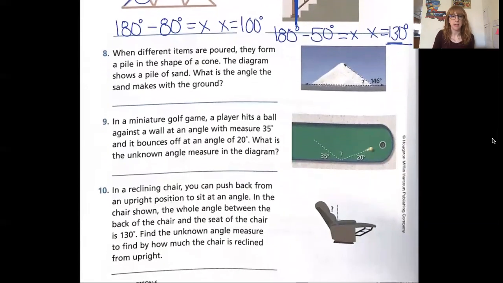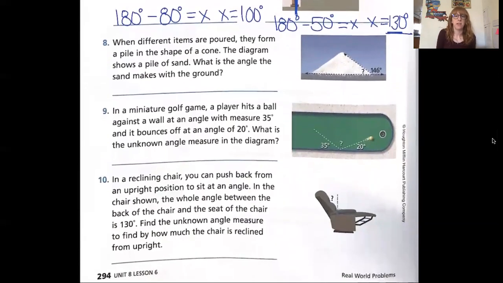Now, in number 8, when different items are poured, they form a pile in the shape of a cone. The diagram shows a pile of sand. What is the angle the sand makes with the ground? So we have our pile of sand here that's formed a triangle. And we know that the ground is a straight angle, it's 180 degrees.